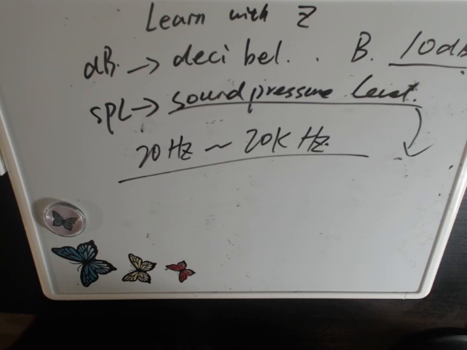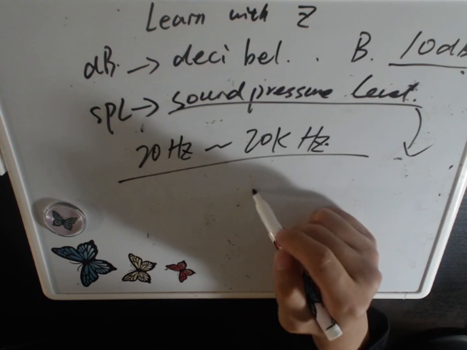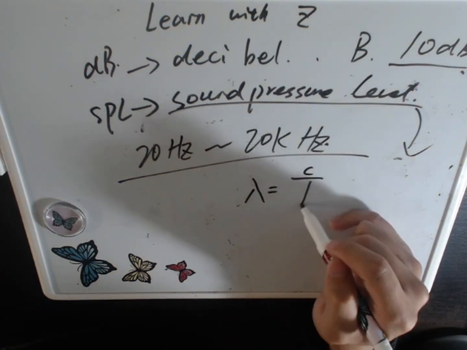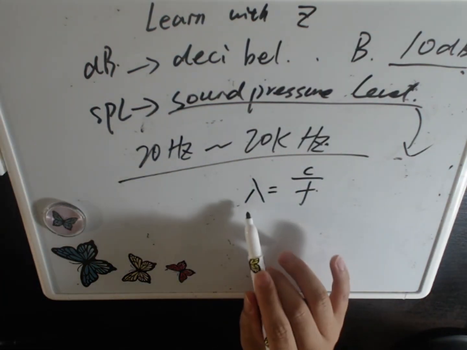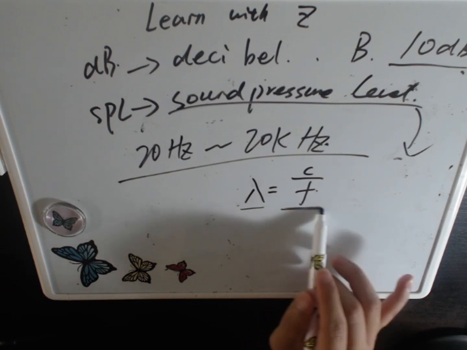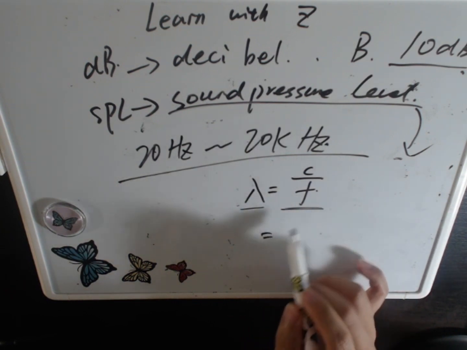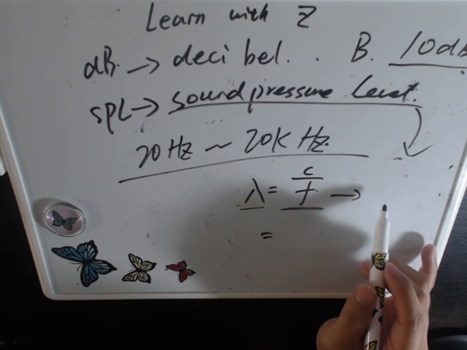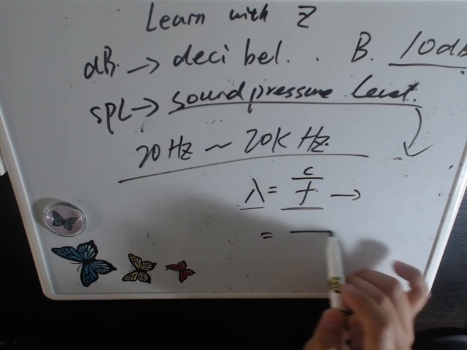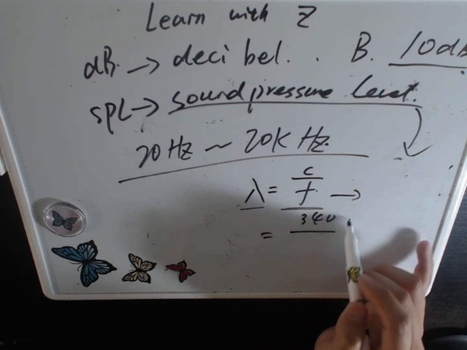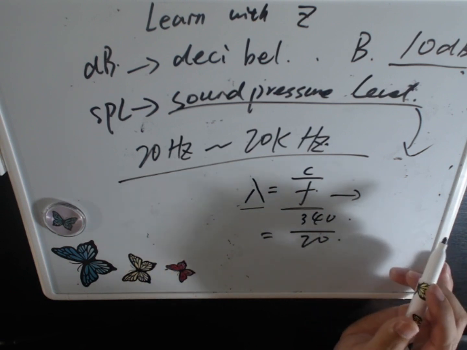And reason two is, we all know the wavelength relation, right? This is for electromagnetic waves, and actually for any wave. So here is about 340 and this is 20, right?